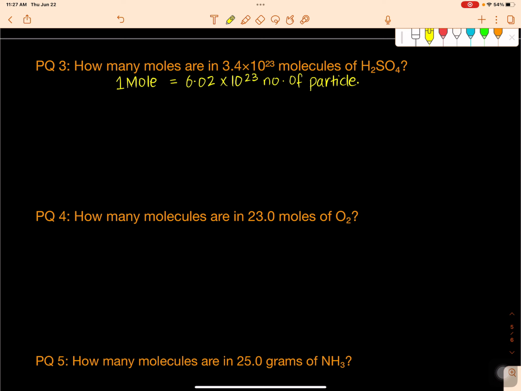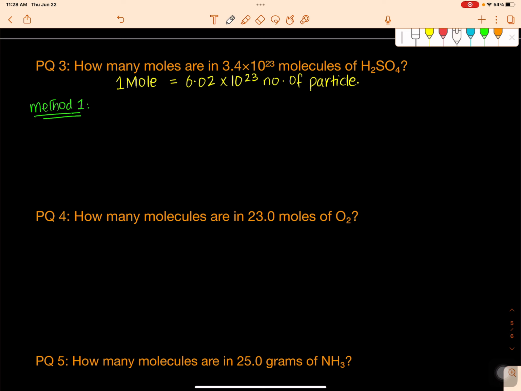So 1 mole is equal to 6.02 times 10 power 23 number of particles. We have this sulfuric acid whose number of molecules is 3.4 times 10 power 23. So what will be the number of moles? That will become X. Let's make it into a ratio method, which is method number 1.